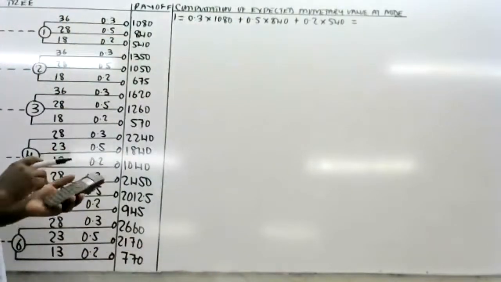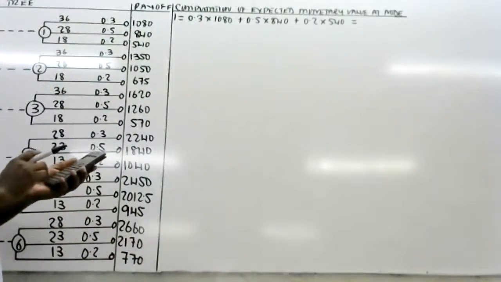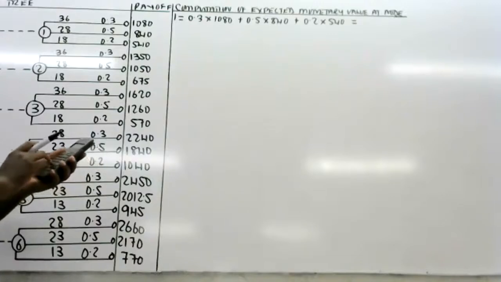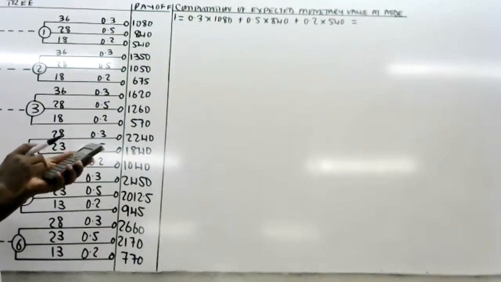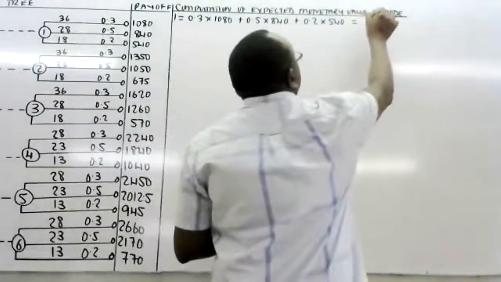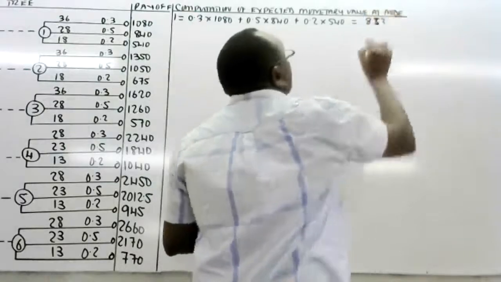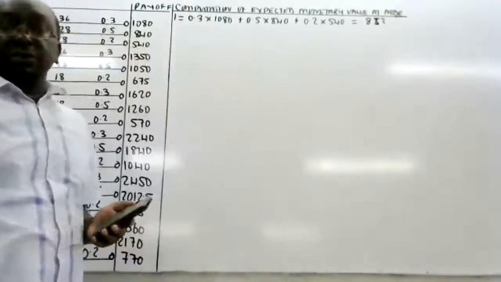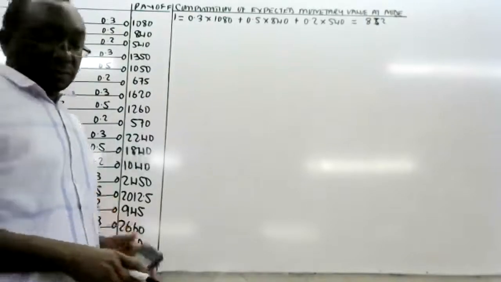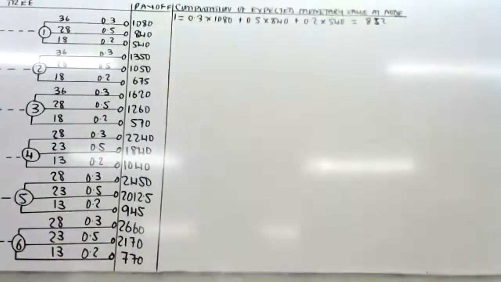So this is going to be 0.3 times 1080 plus 0.5 times 840 plus 0.2 times 540 is 852.